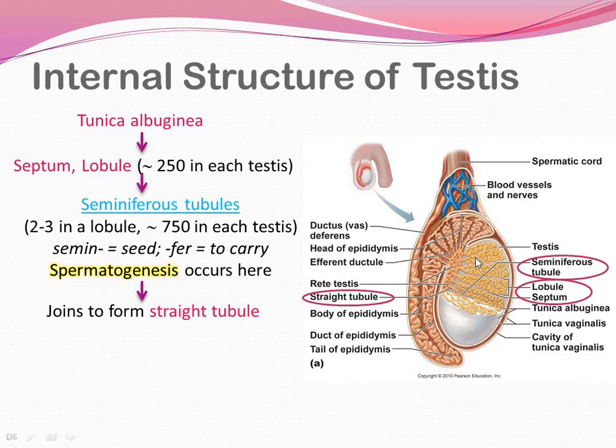Seminiferous tubules, as you can see, now join to form straight tubules. So here there are straight tubules, many straight tubules, you can just see that. And these straight tubules now create a network of tubules. You know that rete always refers to a network, right? Even in first year anatomy, we learned that reticulin is a protein present in connective tissue.